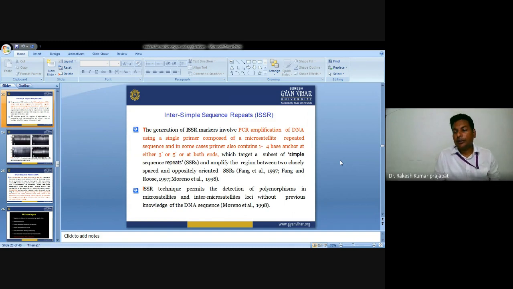Inter simple sequence repeat means there are simple sequence repeats on both sides. The ISSR technique permits the detection of polymorphism in microsatellite and intermicrosatellite loci without previous knowledge of the DNA sequence.